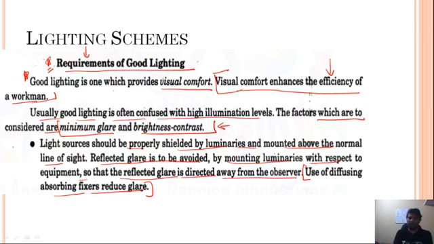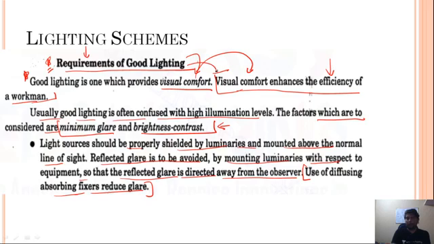With the help of reflectors, diffusers and lenses, we control the amount of light, intensity, glare and brightness contrast. Okay, so good lighting will give us visual comfort, and visual comfort enhances our efficiency.